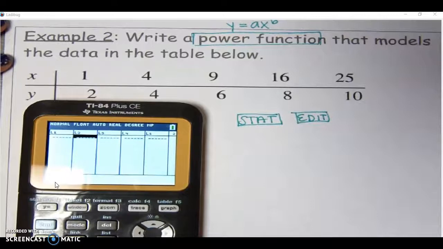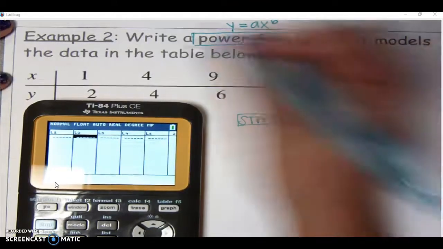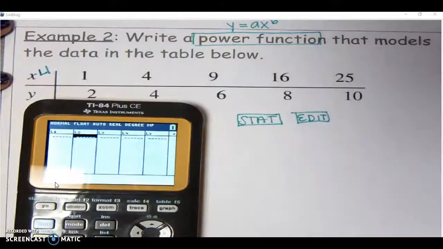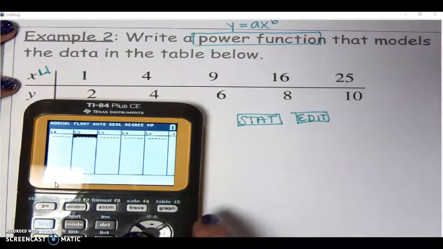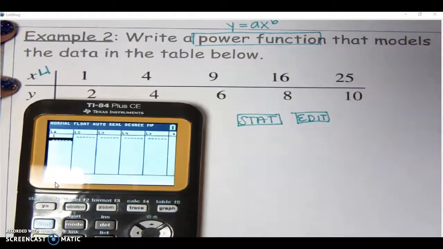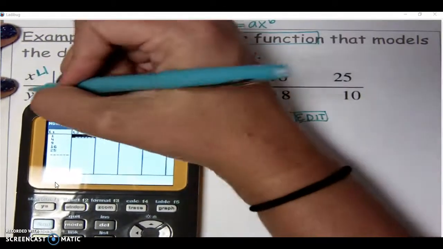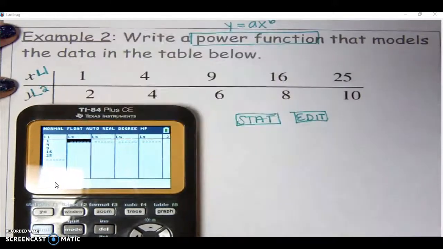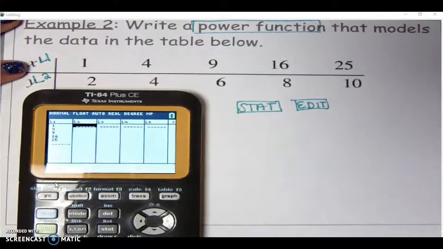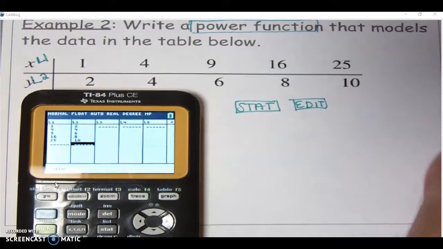And then in your list 1 is where you're going to type everything that's in the X. So my list 1, I'm going to type 1, enter, 4, 9, 16, 25. And then in your list 2 is where you're going to type everything in the Y here. So you'll type in 2, 4, 6, 8, 10. So your L1 and L2, you did that.